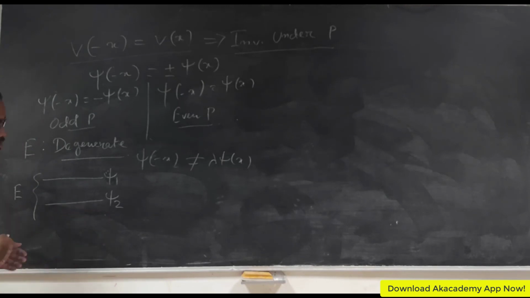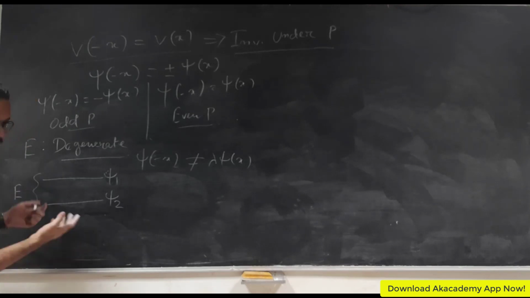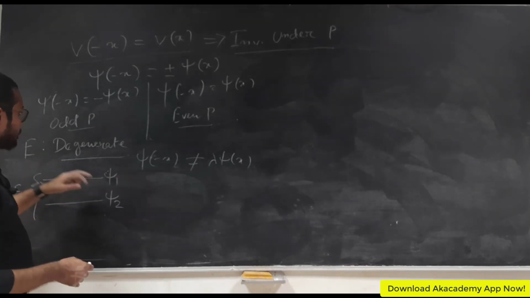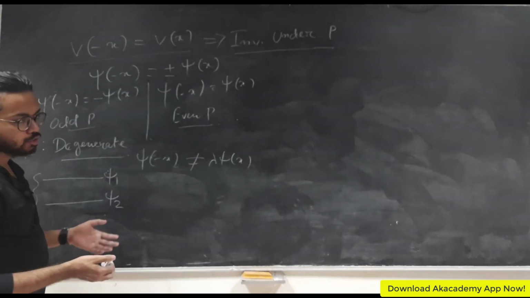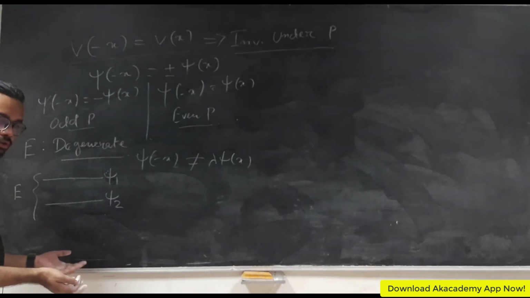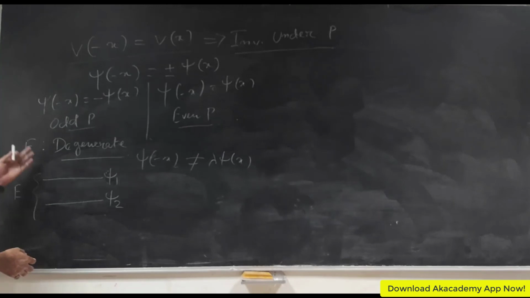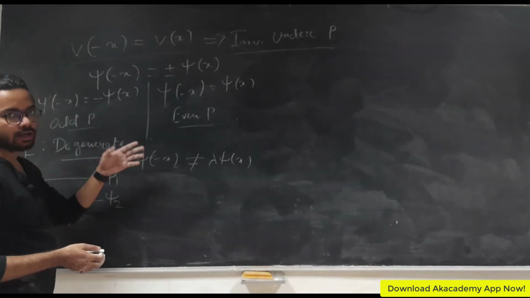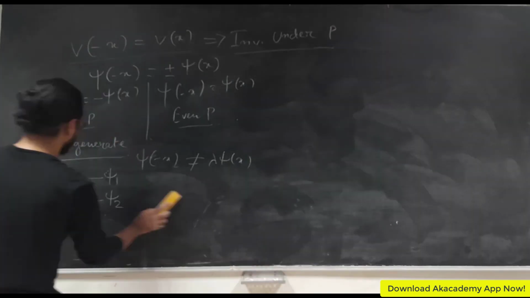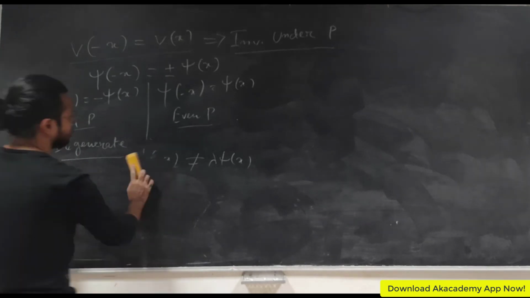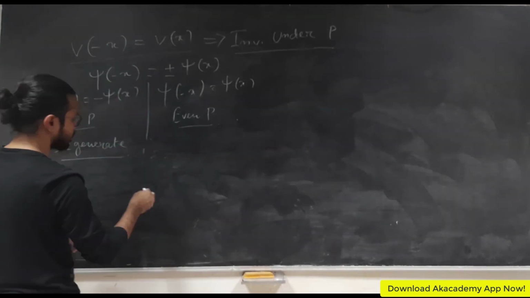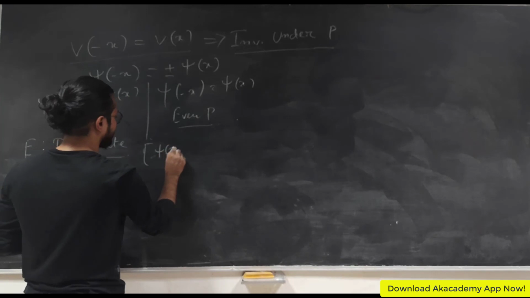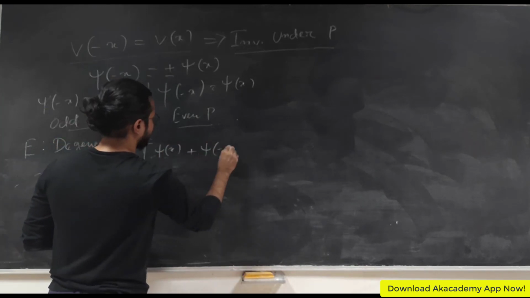The convention in this case is that we take a linear combination, and we have also seen that any linear combination of two solutions of the Schrodinger equation is also a solution. So for a degenerate case, we'll take a linear combination which under parity will be even and odd. Let's see what kind of linear combination we can take. Our first choice is psi of x plus psi of minus x.